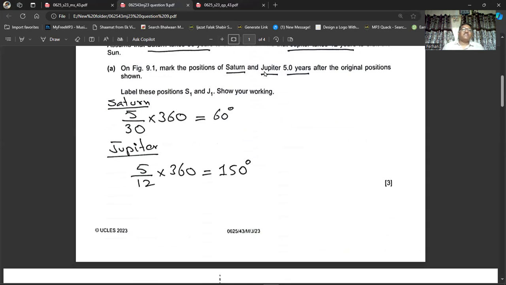So 5 by 30 multiplied by 360, and that will be 60 degrees. For Jupiter, because Jupiter completes its orbit in 12 years, in 5 years, how much angle will it cover around the sun? So that will be 5 by 12 multiplied by 360, and that will be 150 degrees.